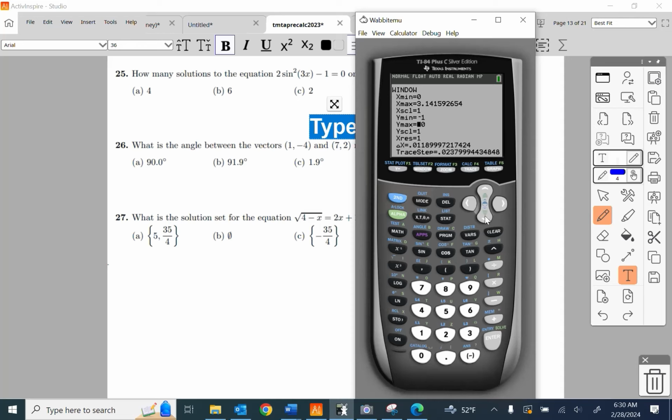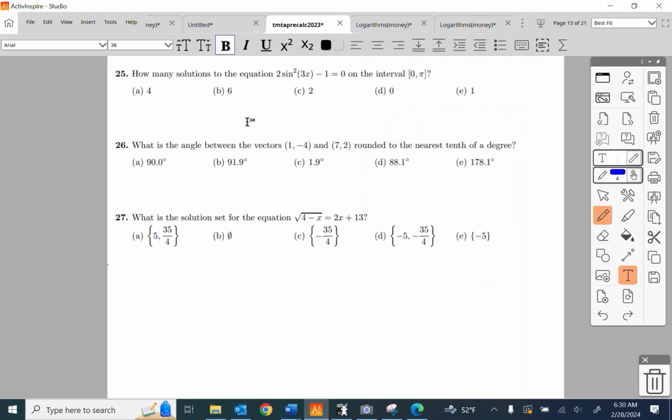I'm a little curious if it's actually crossing the x-axis. Because you'll notice 3 isn't an answer, is it?